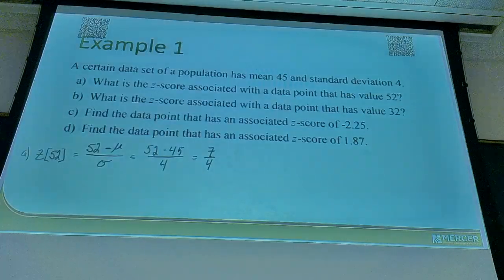That's 7 over 4, which is 1.75. And as a general rule of thumb, z-scores are 2 decimal places. At a more advanced level, we'll go out further. But for now, keep z-scores to 2 decimal places.